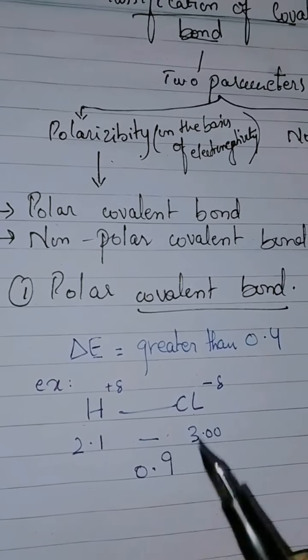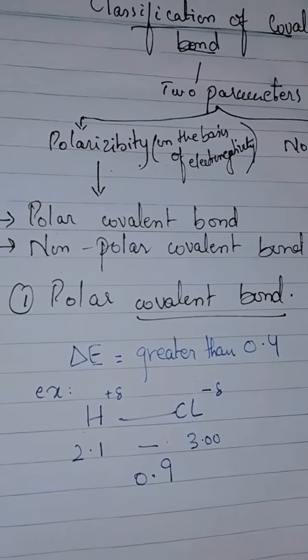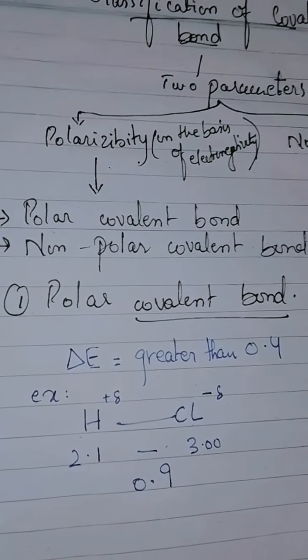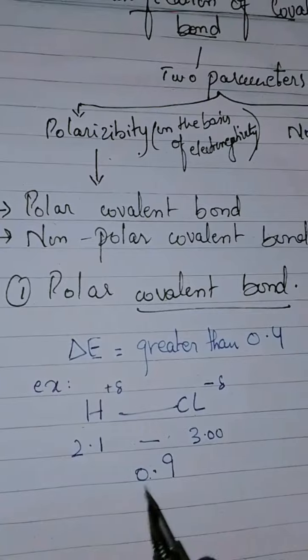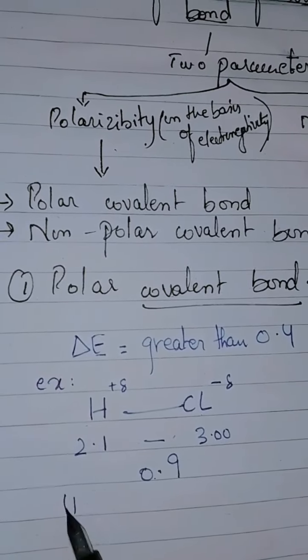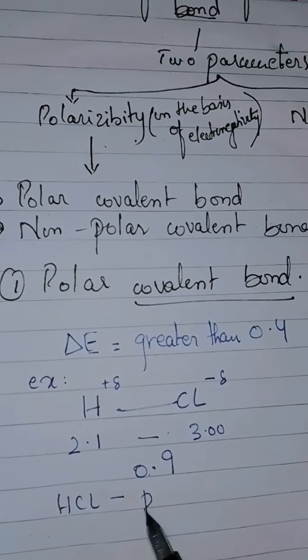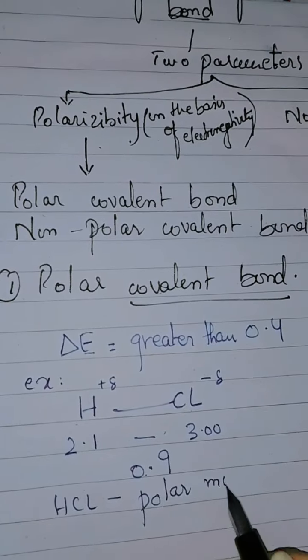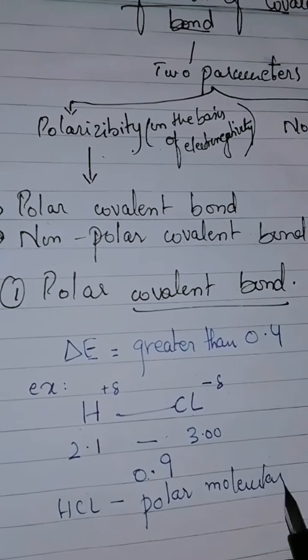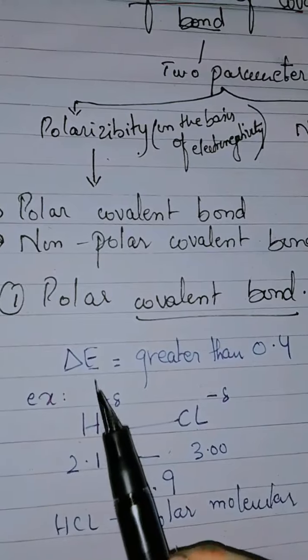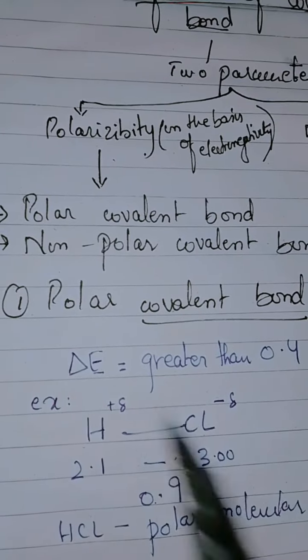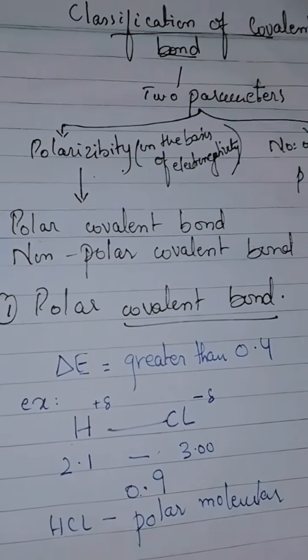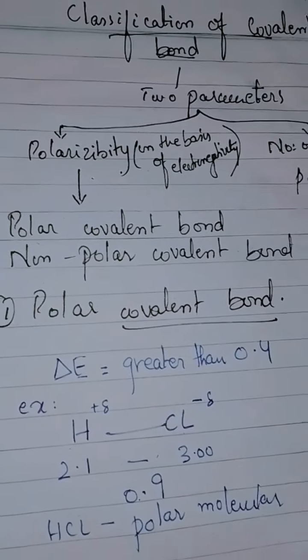So the difference of electronegativity is greater than 0.4, so it will be called as a polar molecule. Means HCl is a polar molecule, because we have studied that if the electronegativity difference is greater than 0.4, it will be a polar molecule.